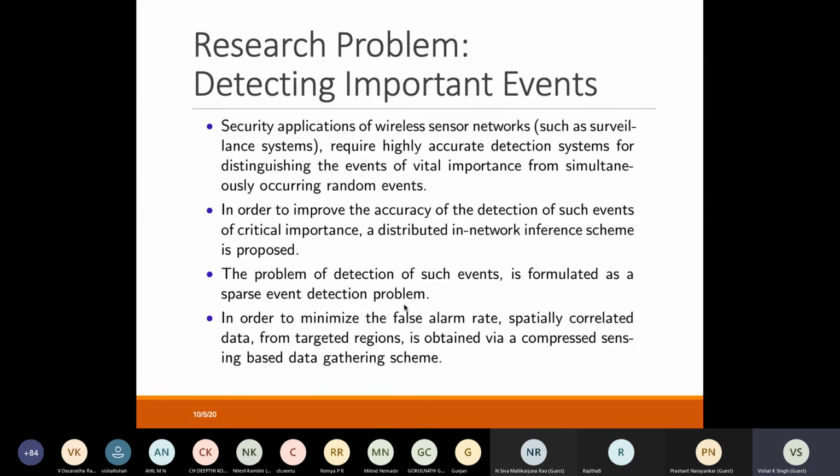Now, when I say important events, consider the example of a surveillance system. There are so many people moving in and out of the video frame, and all of these people can be considered as an event. But we are not concerned about addressing each and every movement of a specific person.